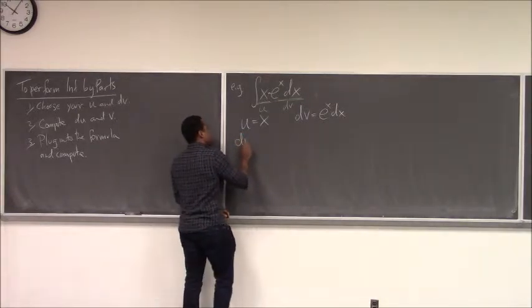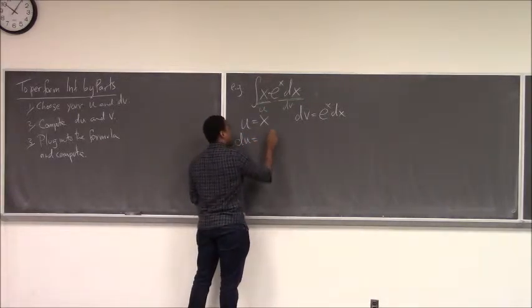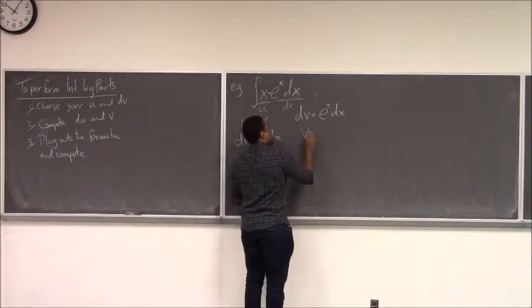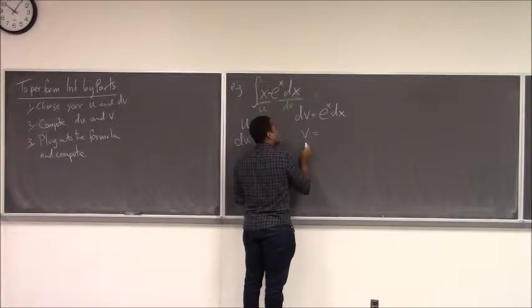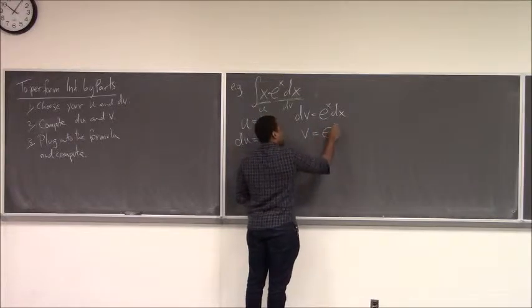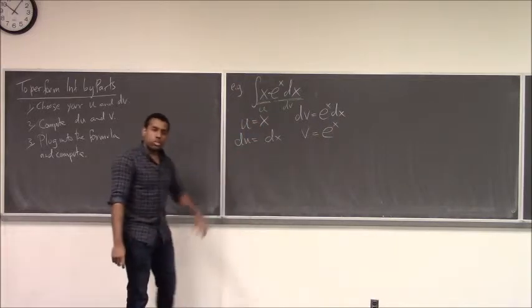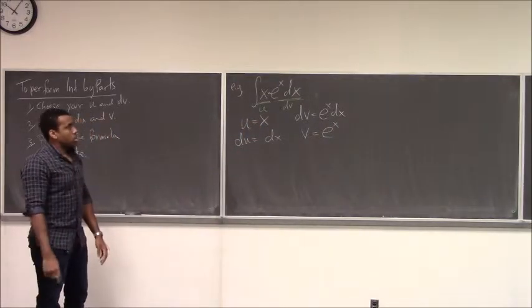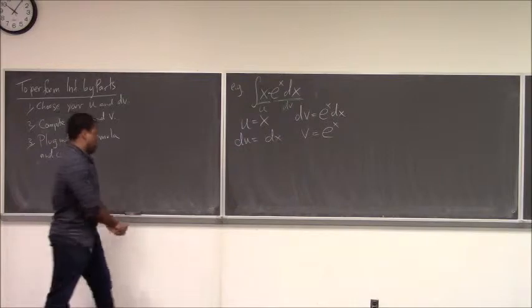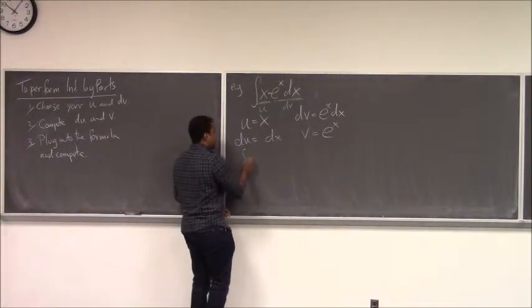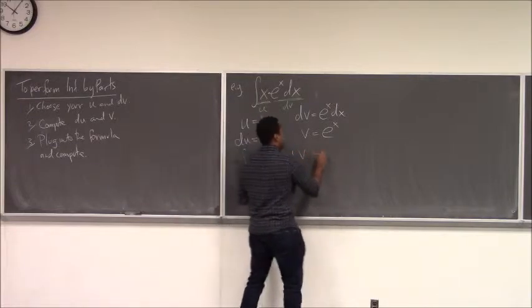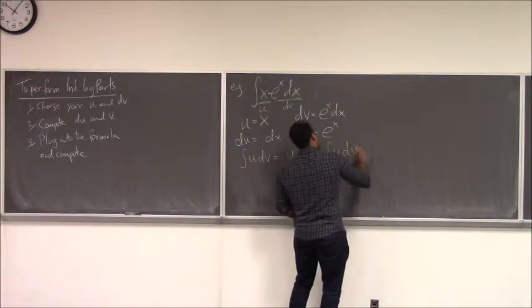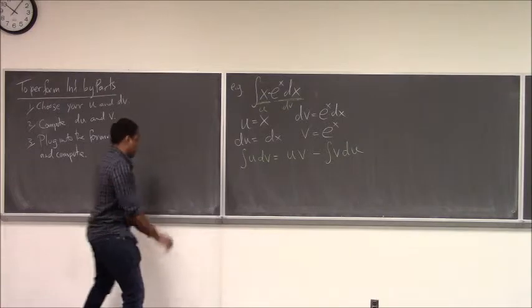So now your du would be, of course, 1 dx. What would the v be? What's the integral of e to the x? It's e to the x. You can ignore the plus c, we'll throw that on there. And so now we have a formula. We know that the integral of u dv is u times v minus the integral of v du.